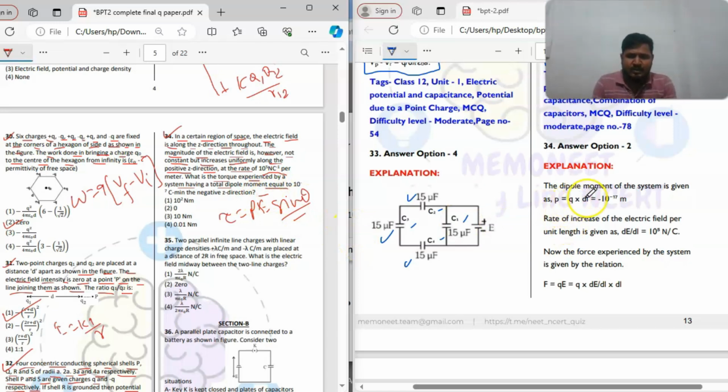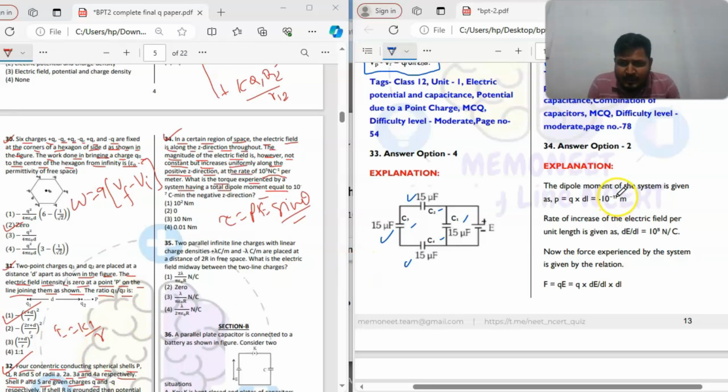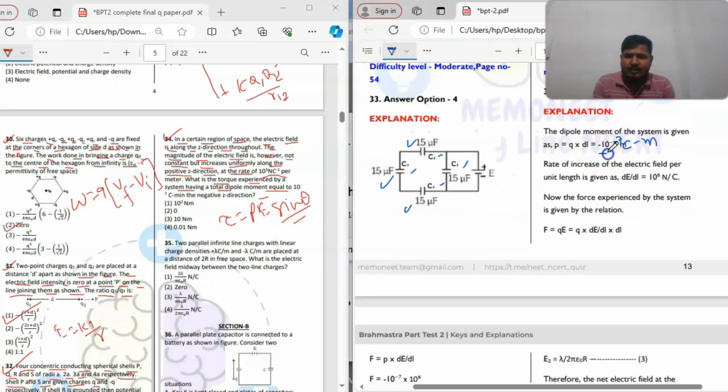P is Q into dl, and P is given as minus 10 to the power minus 7 coulomb meter. This is the given, 10 to the power minus 7 coulomb meter, right? Minus because it is towards the negative z direction.